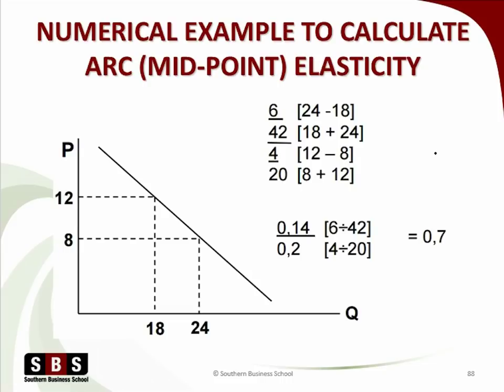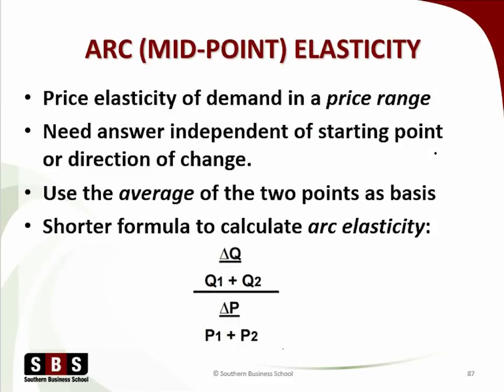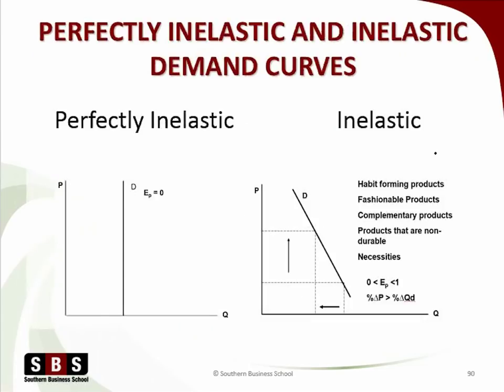But you work with demand. If we go back to the formula, you use the average of 2 points, though it doesn't only have to be 2 points. It could be a couple of points. But normally the illustration is just with 2 different points.